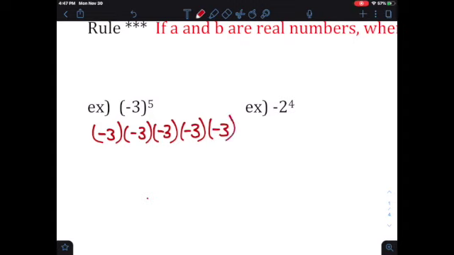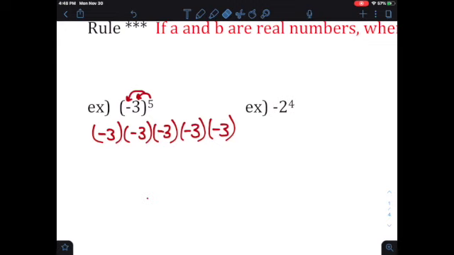So really you are distributing the negative sign and the 3, because that negative sign is under the parenthesis and the 5 is to the whole thing. So whatever is inside the parenthesis is going to be multiplied 5 times. So you have to make sure that you understand that's what that means.